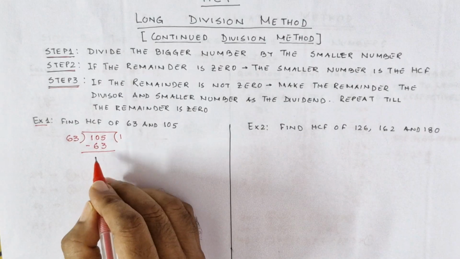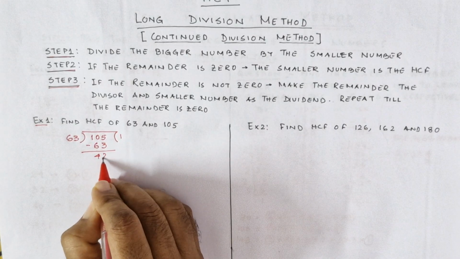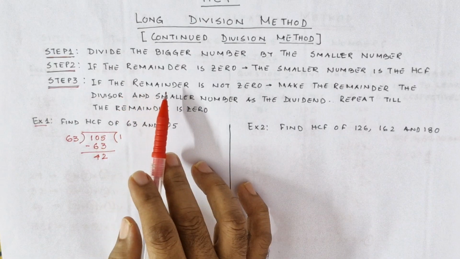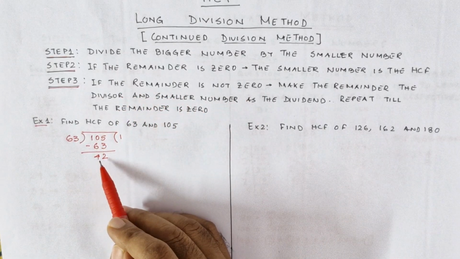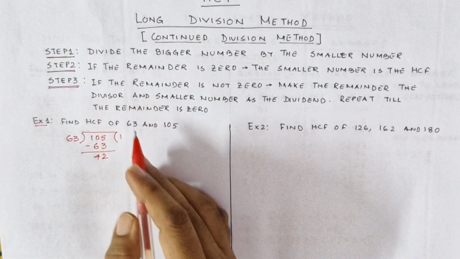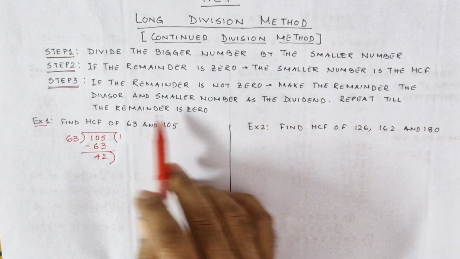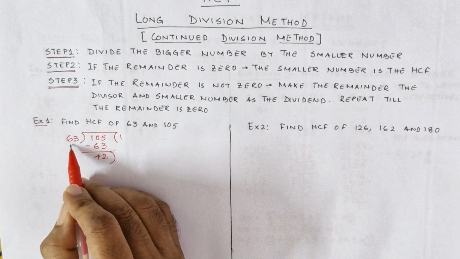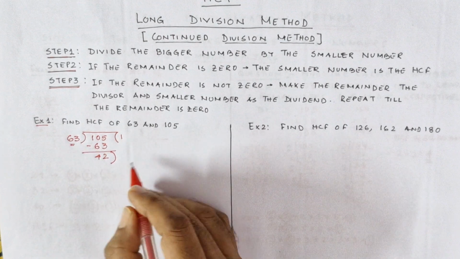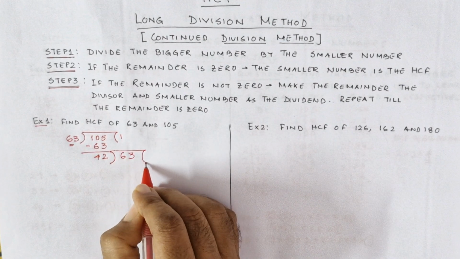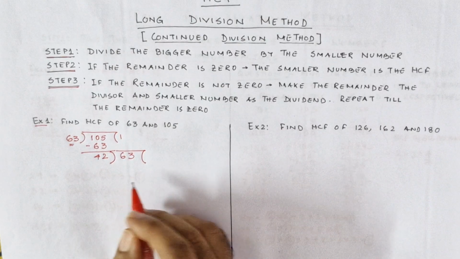There is a remainder of 42. If the remainder is not 0, make the remainder the divisor and the smaller number the dividend.